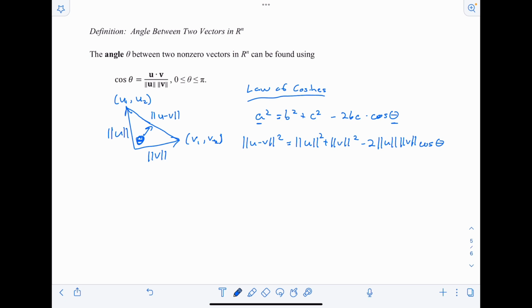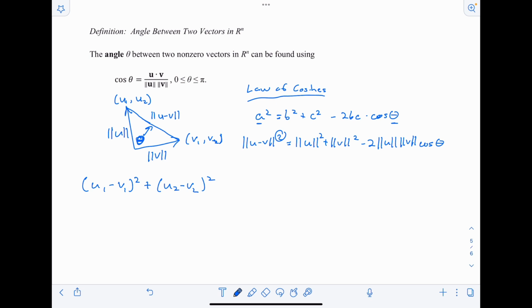On the left side, the magnitude of U minus V means we take U1 minus V1, square it, plus U2 minus V2, and square that. So the left side is (U1 minus V1) squared plus (U2 minus V2) squared. Notice I don't need a square root over this, because we're squaring the magnitude, which gets rid of the square root.